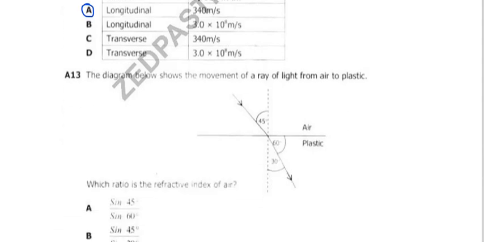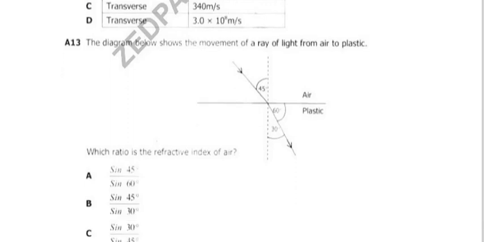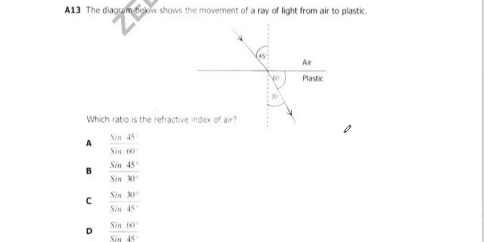Question R13 says, the diagram below shows the movement of a ray from air to plastic. Which ratio is a refractive index? So we have that, it bends to that, we have that angle, and we have that angle. So to find the refractive index, let's denote it as Ri.